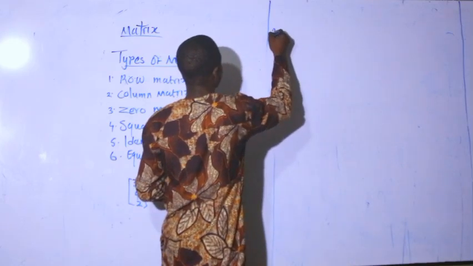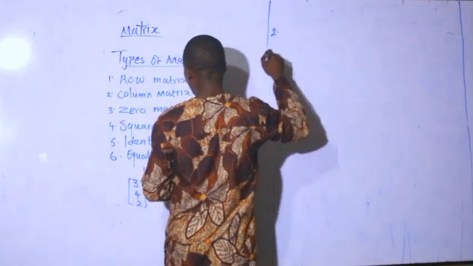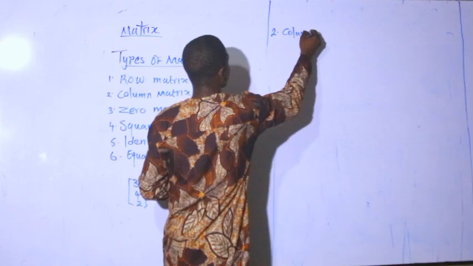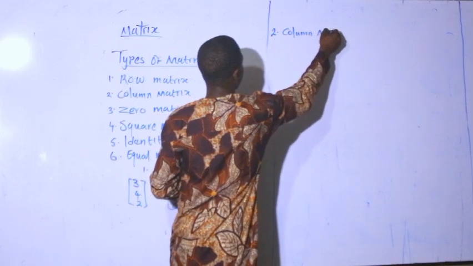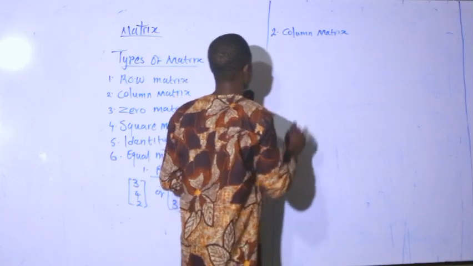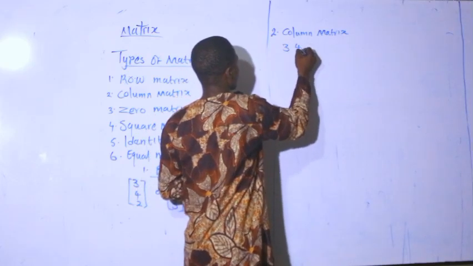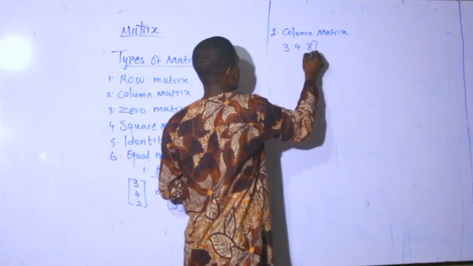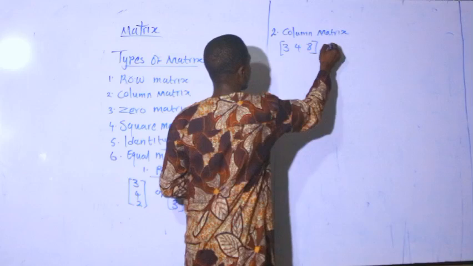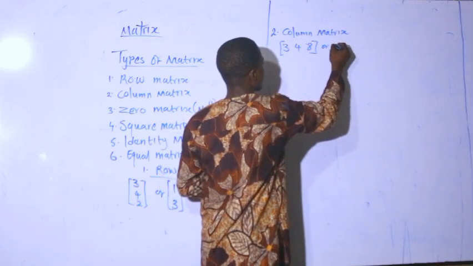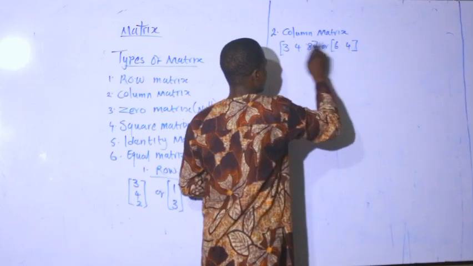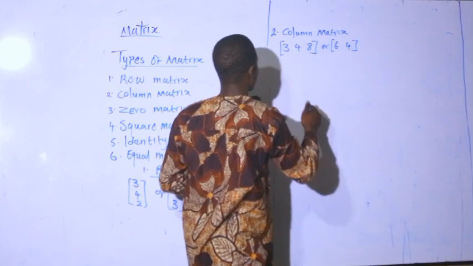Another one, number 2, we call column matrix. The column matrix can be 3, 4, 8, like this, in a column, or can be like this. Look at this, like this, like this.